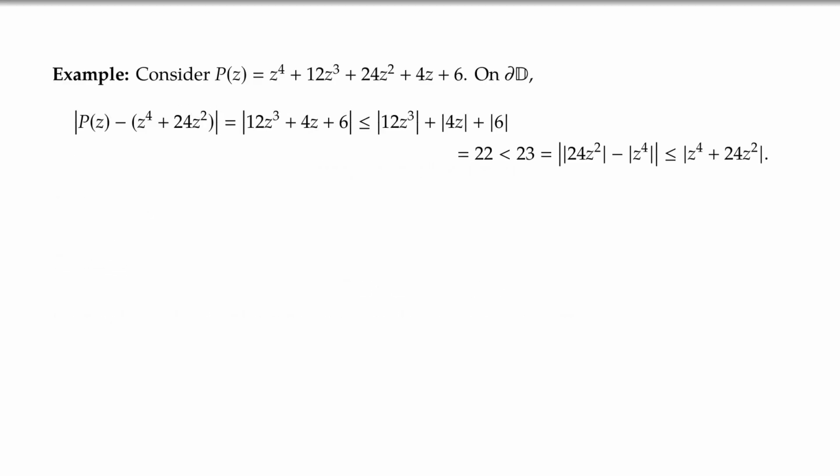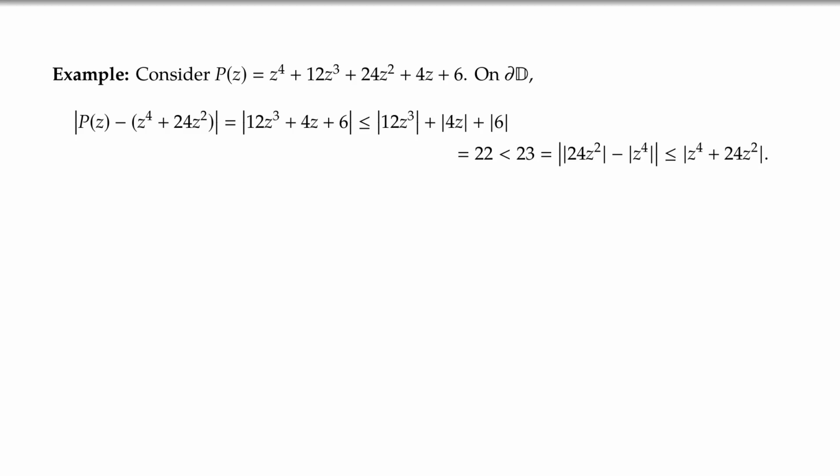Okay, let's look at a slightly more complicated example. Suppose that p is this complicated polynomial, and let's not try to find the exact zeros, but let's try to at least locate them to some degree, get some handle on where they could possibly be, without actually trying to compute them.